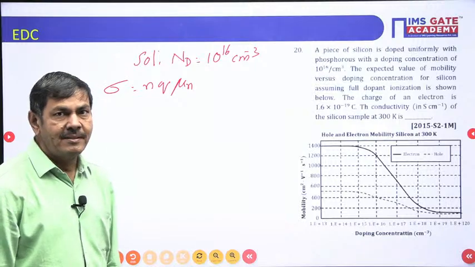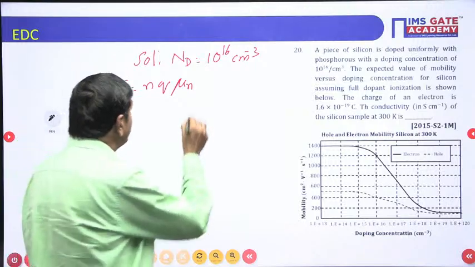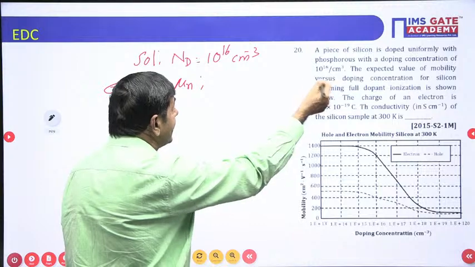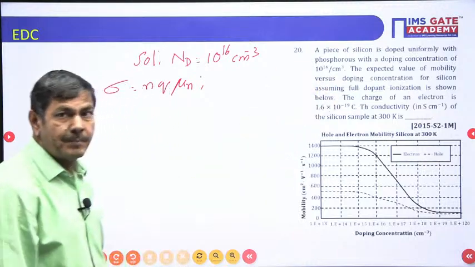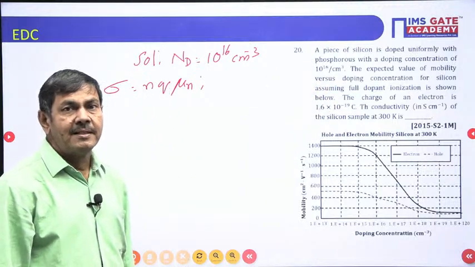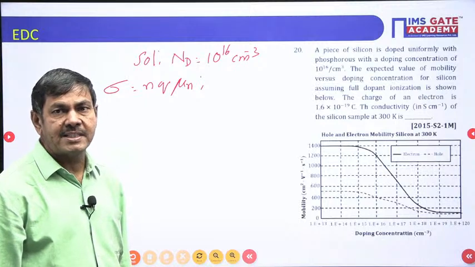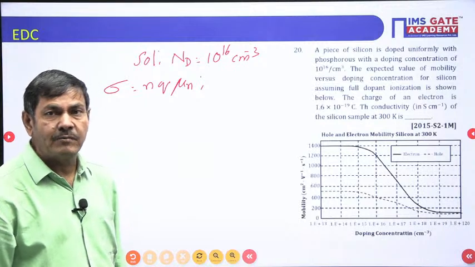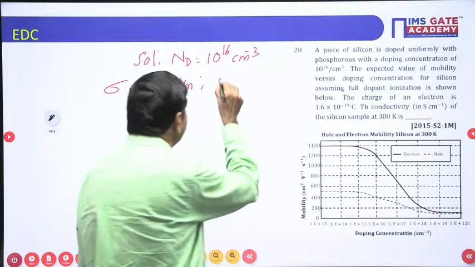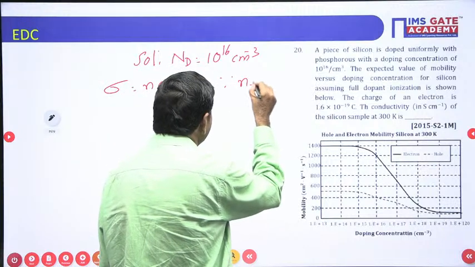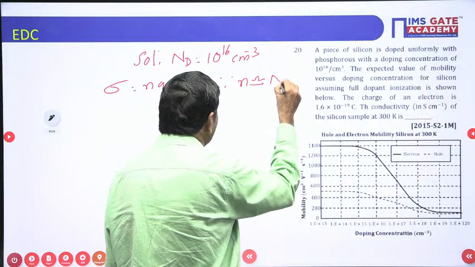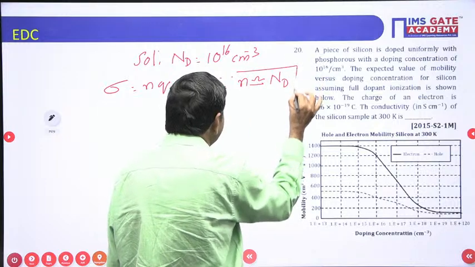In an N-type extrinsic semiconductor, a pentavalent atom is doped, and the electron concentration n is approximately equal to Nd, the donor concentration.